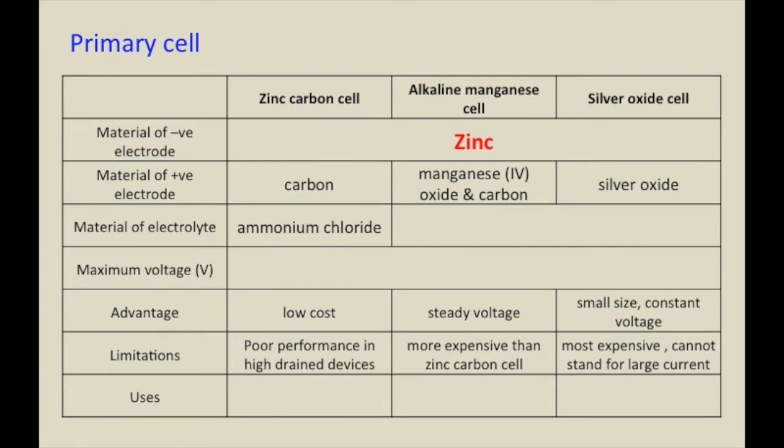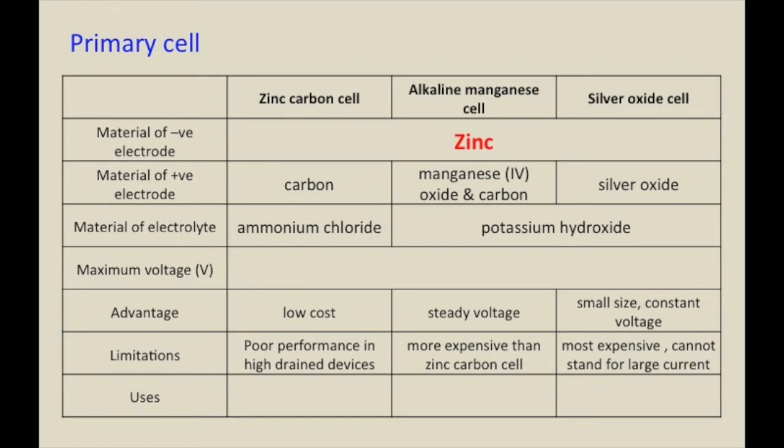While for the alkaline manganese cell and silver oxide cell, their positive electrode is made of manganese(IV) oxide and carbon, and the final one is silver oxide as a positive electrode. And their electrolytes are potassium hydroxide.